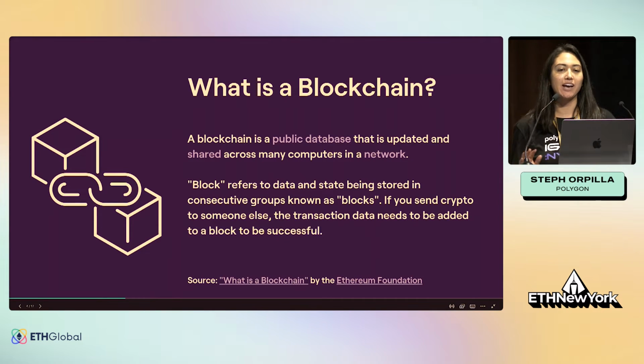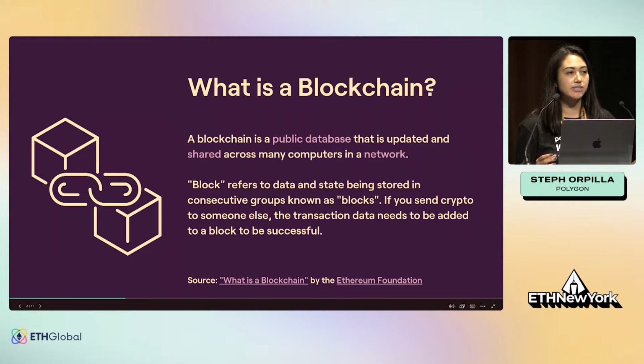But really quick, I just want to go through a couple of fundamentals. So what is a blockchain? A blockchain is just a public database that's updated and shared across many computers in a network. We consider that a decentralized system. And a block in a blockchain is just the data or the state that's being stored in those consecutive groups of blocks.